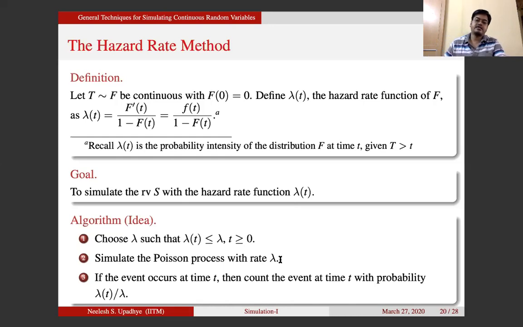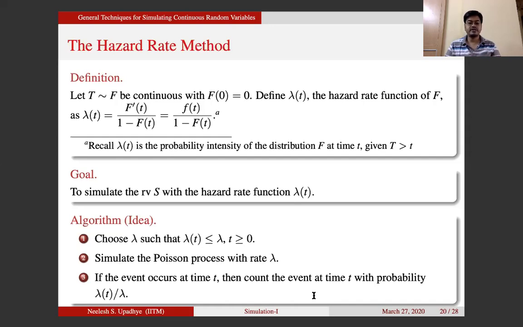And if you recollect the algorithm of a Poisson process with rate lambda, you are simulating one event at a time. So now, if some event happens at time t, I want the hazard rate function to respect the function lambda(t). So if some event happens at time t, what I will do is I will try to accept that event with probability lambda(t) by lambda.